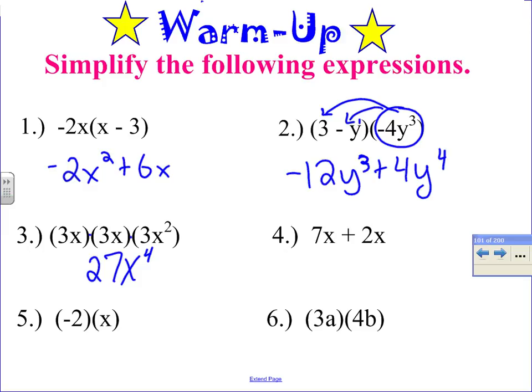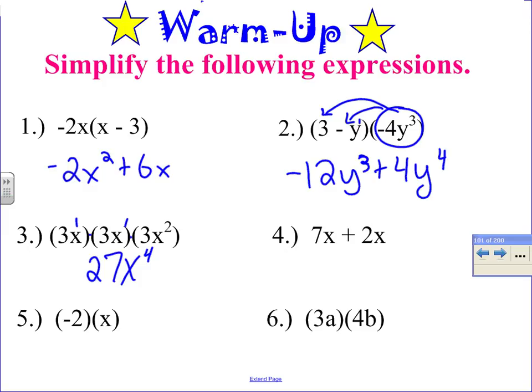X squared times x squared is x to the 4th. Okay, Adam, you forgot to just add all the exponents up, I'm guessing. 2 plus 1 plus 1 is 4. It's the easiest way to do it. And then 3 times 3 times 3 is 27. So remember, guys, if there's nothing in between it, it's a multiplication symbol. Okay, let me finish going over the answers, then I'll come back to questions.